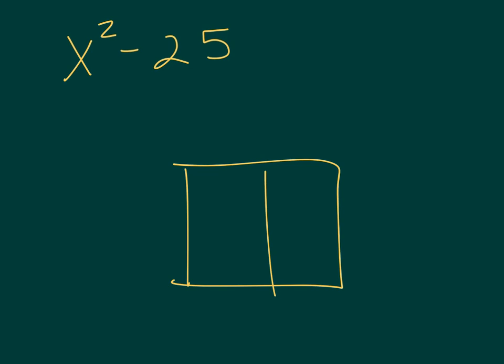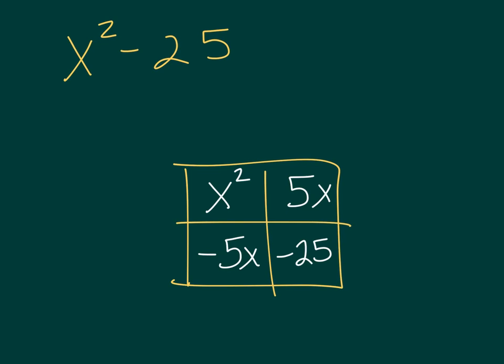So even like this, x squared minus 25, if you were doing the box method, you would still start out with x squared here, minus 25 there, and your goal for these two terms would be factors that, when one is a positive and one is a negative, they cancel out. Well, we know right away that one has to be a 5x and one has to be a minus 5x, because if you add them together, they would go away.